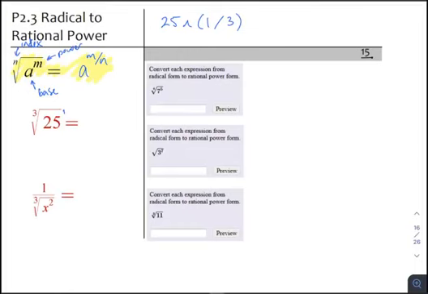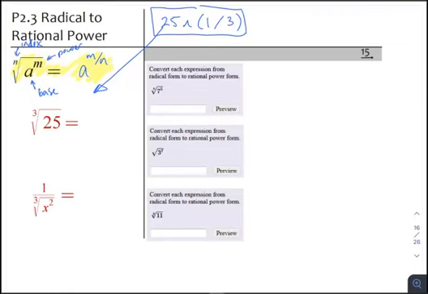Now, here's what you're being asked to do with regard to these values. Anytime you recognize a perfect power, you should think of it in its simplified base. Even though 25 to the 1/3 is the rational power form of this expression, 25 is a perfect square.